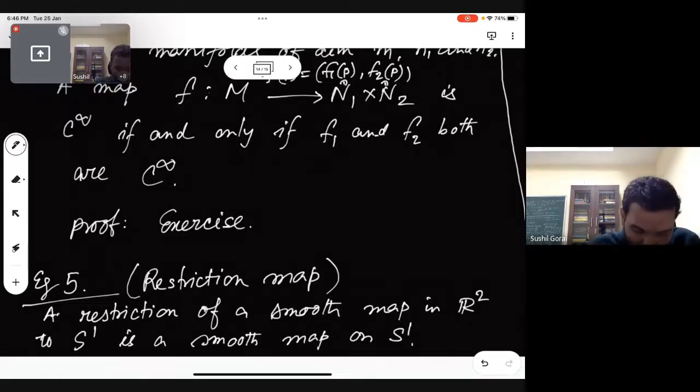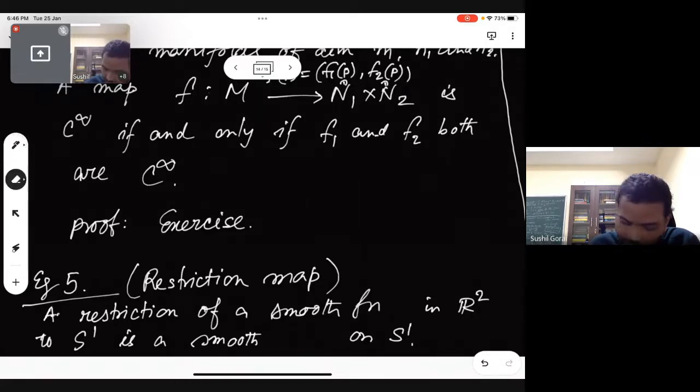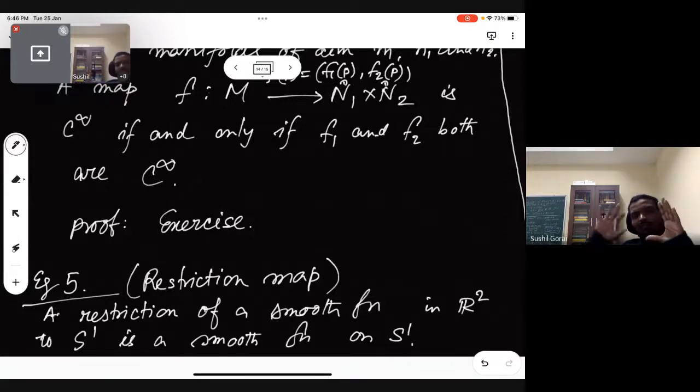First, instead of a smooth map, we just look at a smooth function going to R. So in R2 you have smooth functions, you know that. Now restrict those smooth functions to the S1 circle, and we get smooth functions, right?